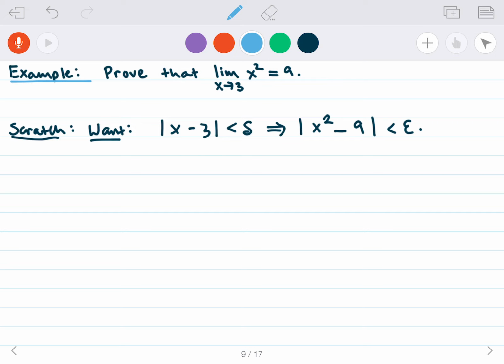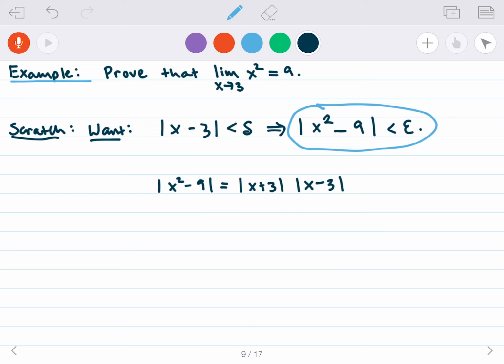Okay? And so before, we were just going to take this and see what delta needs to be, simplifying it and all of that. So if we do that, using the difference of squares and factoring it, this is just going to be absolute x plus 3 times x minus 3, where I skipped a step.